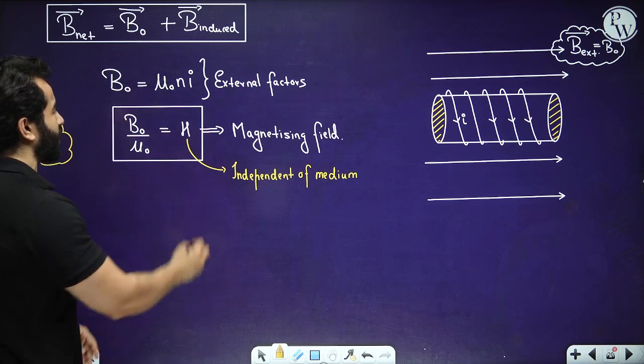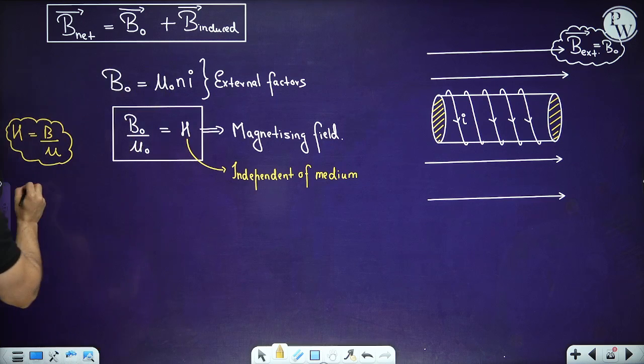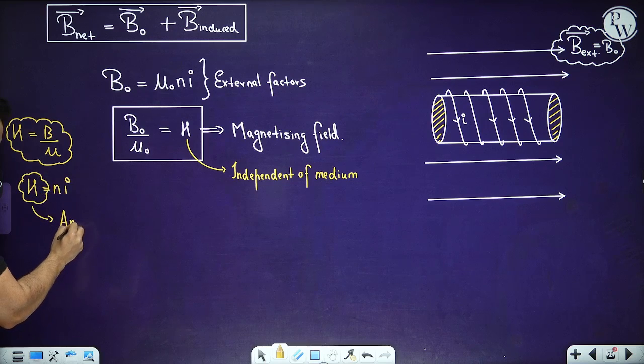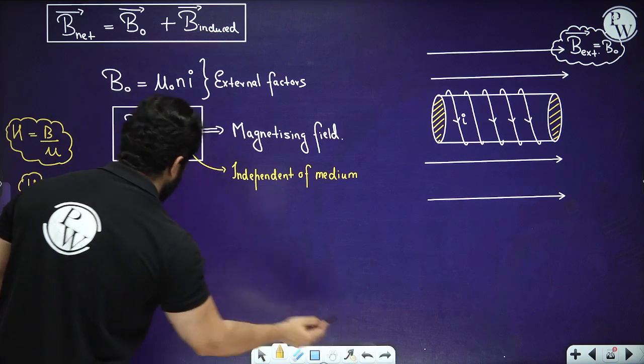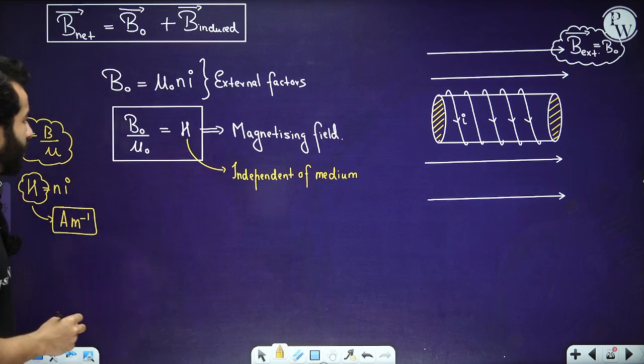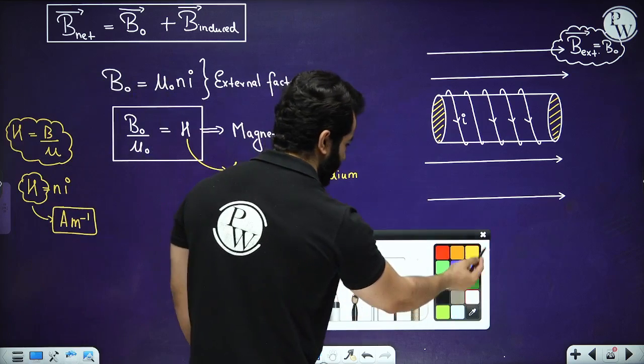H can also be written as N into I. That means unit of H will be ampere per meter, because N is the total number of turns per unit length. So again, this is going to be the same unit as intensity of magnetization. So hopefully everything is clear till this point.